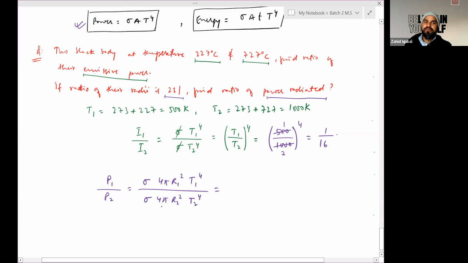Sigma and sigma cancel out, 4 pi cancel out. So you're left with r1 by r2 to the power 2 and T1 by T2 to the power 4. Just put their values and simplify it.